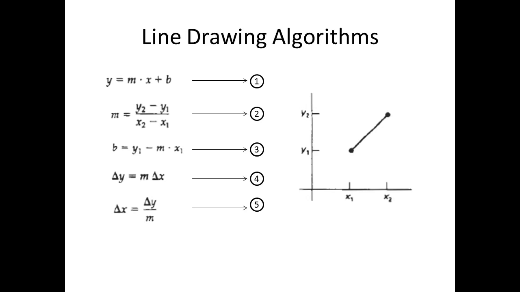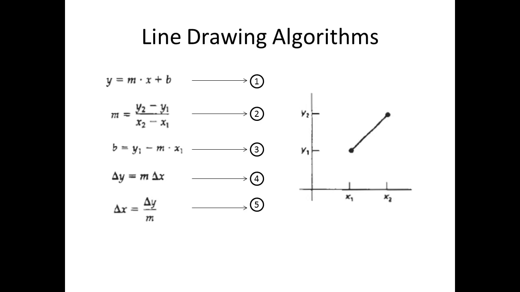For any given x interval delta x along a line, we can compute the corresponding y interval delta y from equation 2 as delta y = m · delta x. It is equation 4.